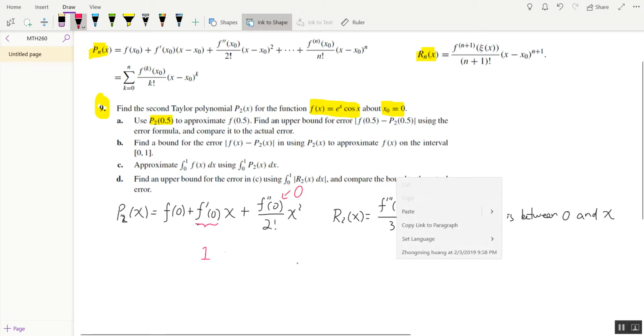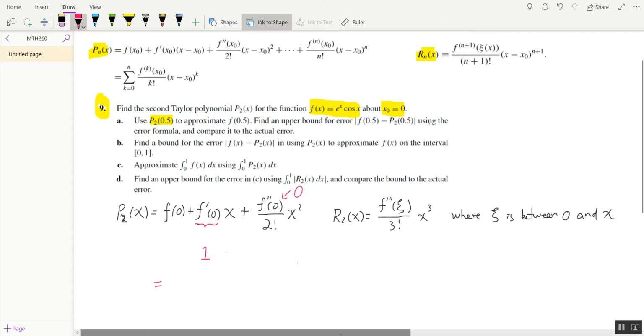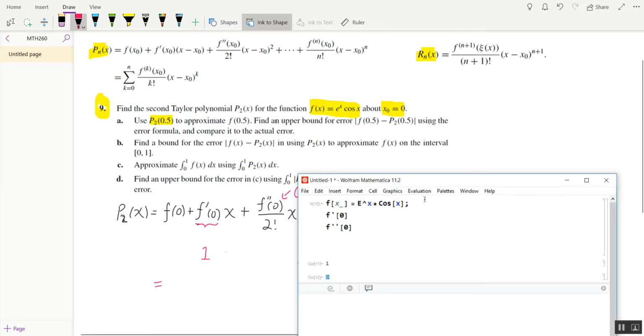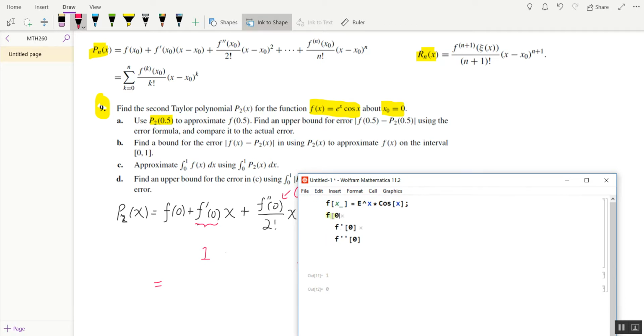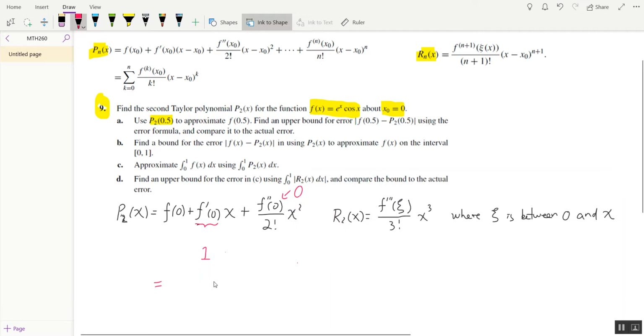Okay, now with that I can quickly find my P2 of x, which is equal to f of 0. F of 0 is actually 1, okay? Cosine 0 is 1 because I can do the algebra quickly. If you're not quite sure, you can do f of 0 in Mathematica as well, which is 1.